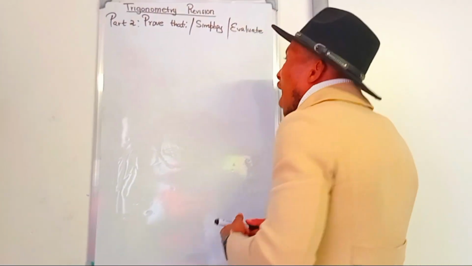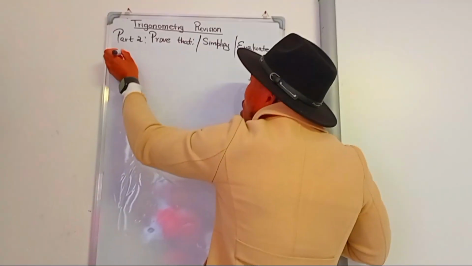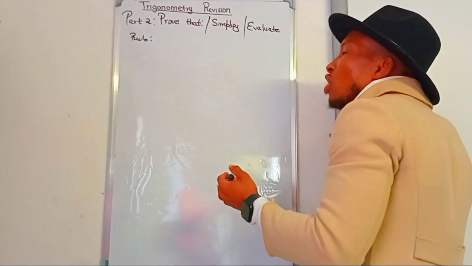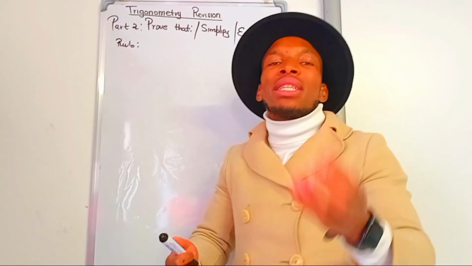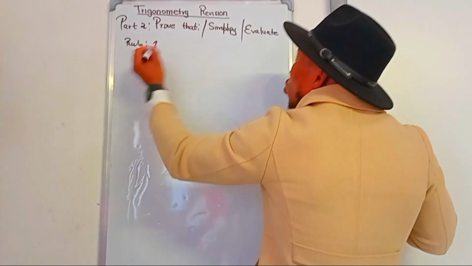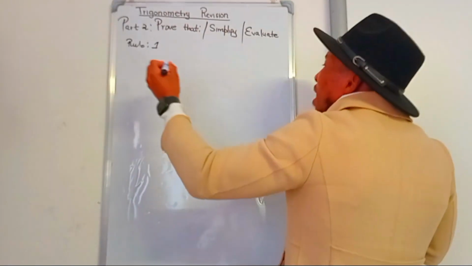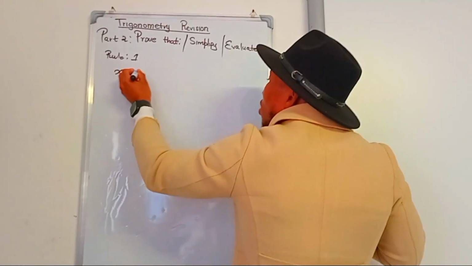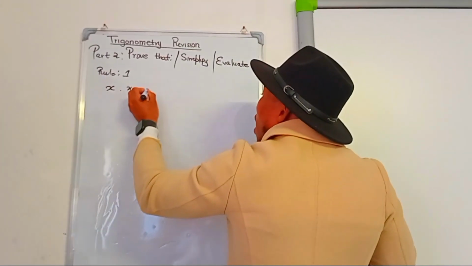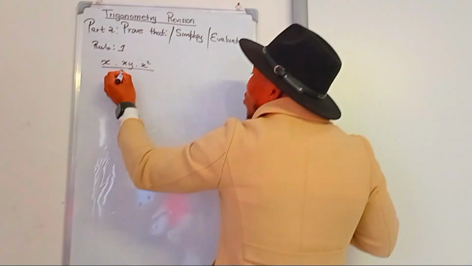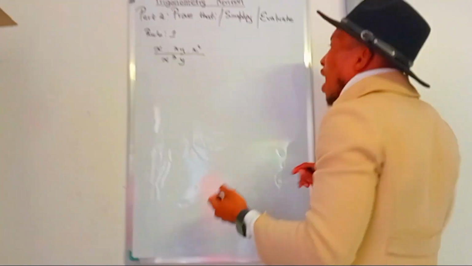Then the first rule, I'm giving you the first rule. The first rule is whereby we are just going to look at the trig function without the sign between the terms, okay? For example, sometimes they are just going to give you a fraction like this one: x times xy times x squared all over x raised to the power of 3 and also y, okay?